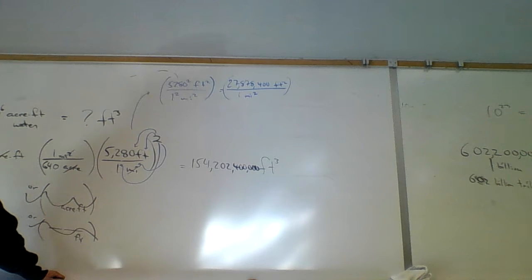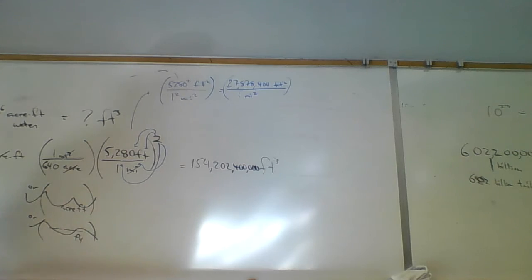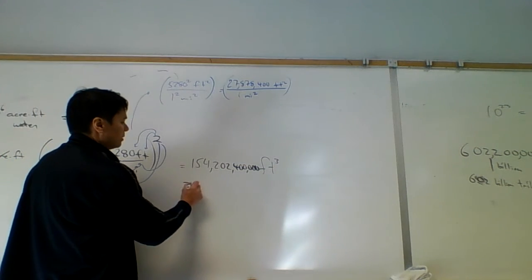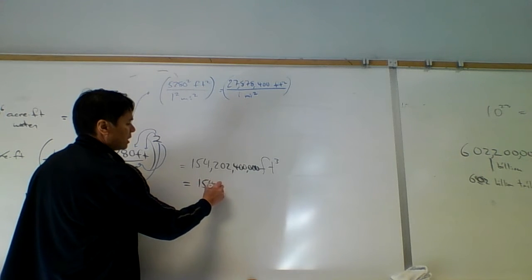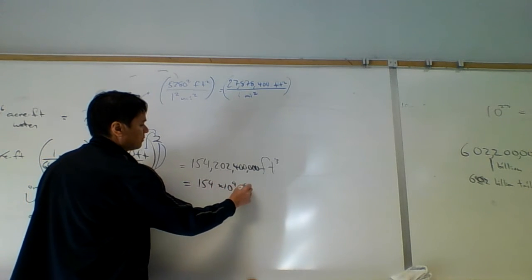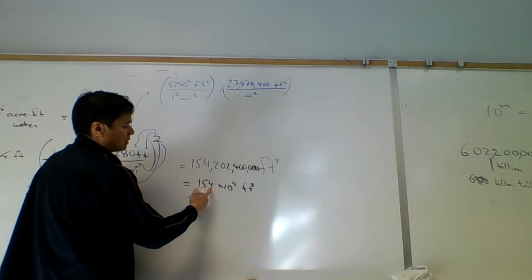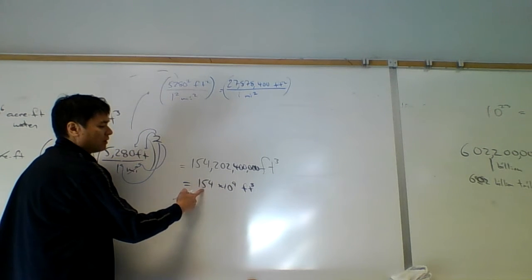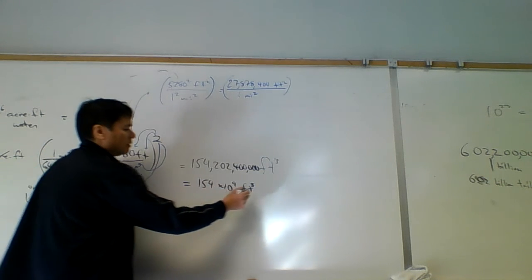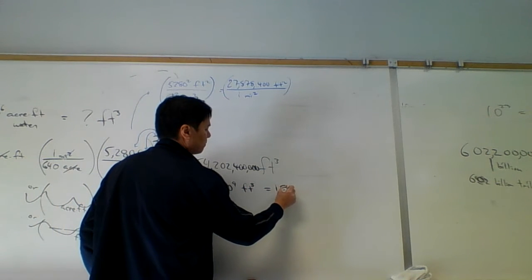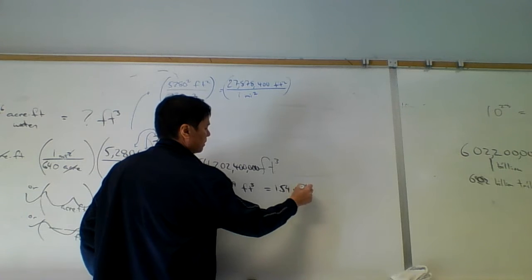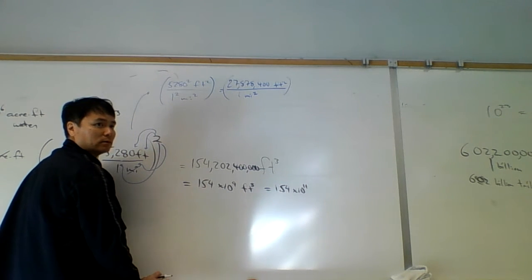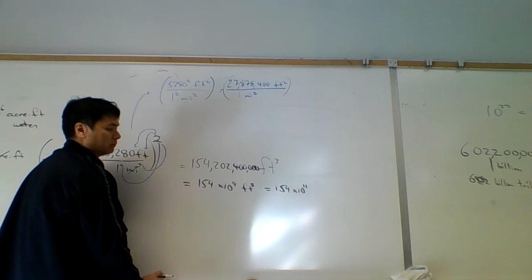Are we allowed this many sig figs? How many sig figs are we allowed? 3. So I have to round this. When I round this, I could just do 154 times 10 to the 9th cubic feet. I might leave it like this rather than convert it to 1.54 times 10 to the 11th, because I know 10 to the 9 is called a billion.